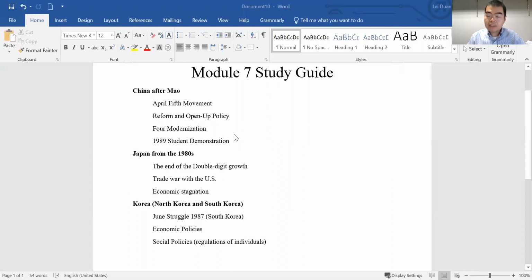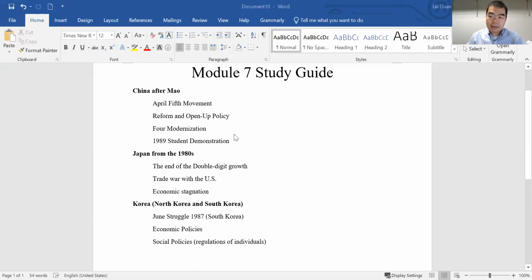However, the economic development did not bring about political transformations. Right? From the late 1970s through 1989, intellectuals argued for political transformation, argued for democratization. However, they failed.